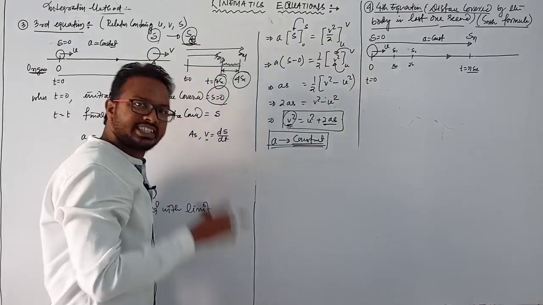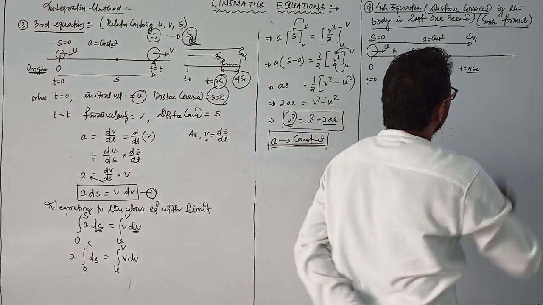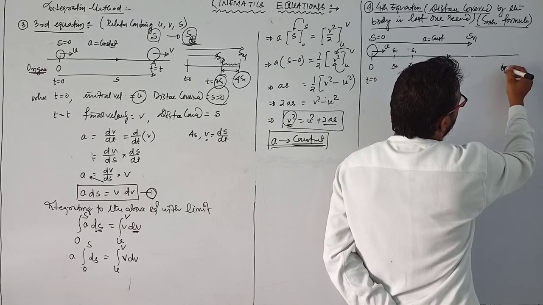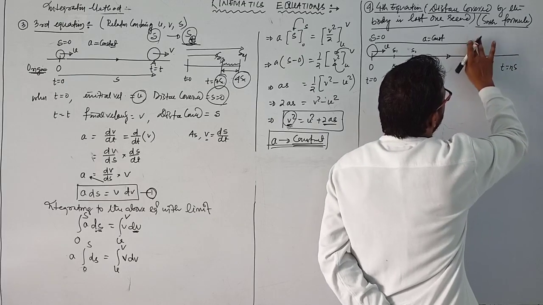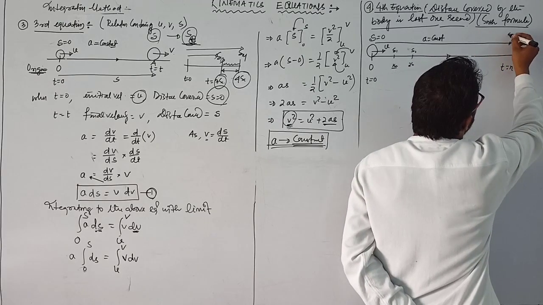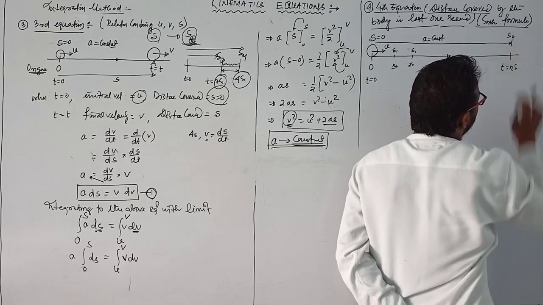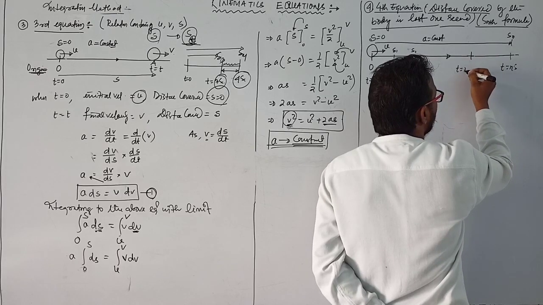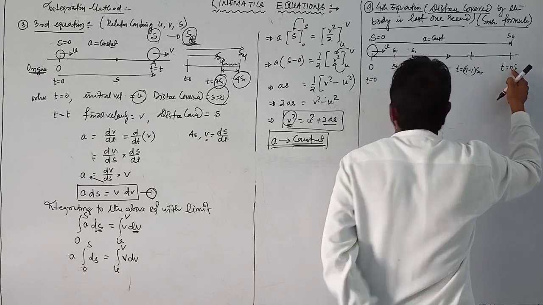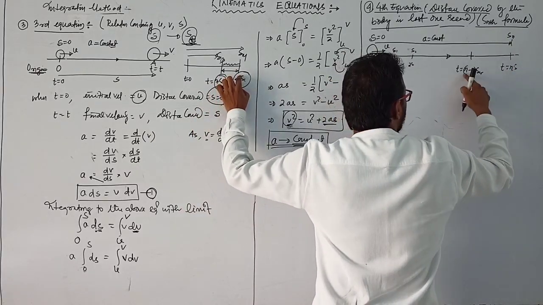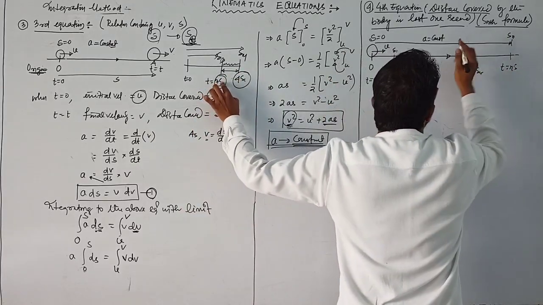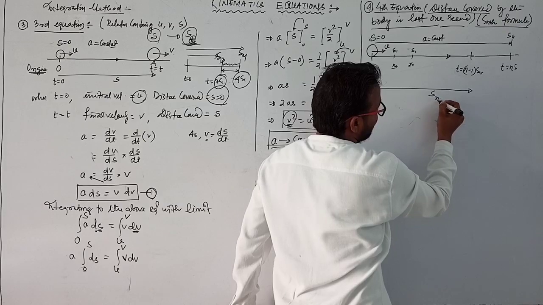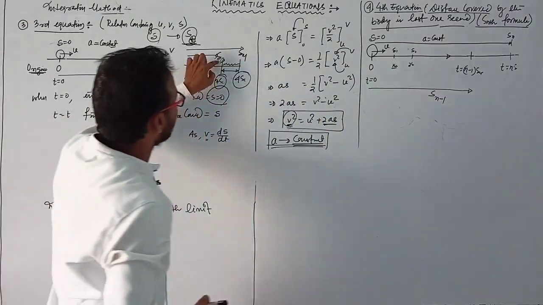S4 minus S3. So in this case we can use, suppose I am writing here, time t equal to n seconds, and this total distance covered is Sn, meaning this point, and the particle covers, when time t equals n minus 1 seconds, like t equal to n means 4 seconds and n minus 1 means 3 seconds. So the body covers this distance, and we can write it as Sn minus 1, like 3 seconds and 4 seconds.